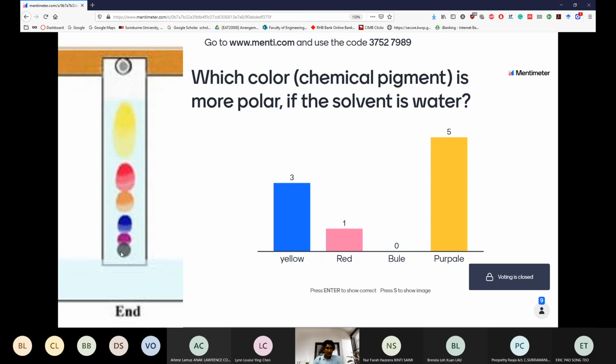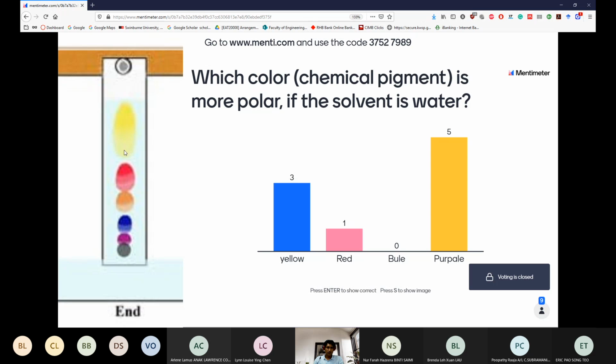The black point, the most bottom one, is the start point, and the color moves up until here. The yellow color is moving to the highest point with the water, and that is why it is more comfortable with water.